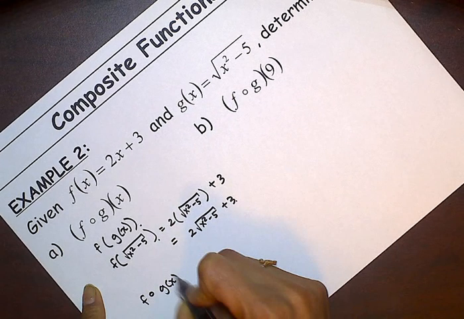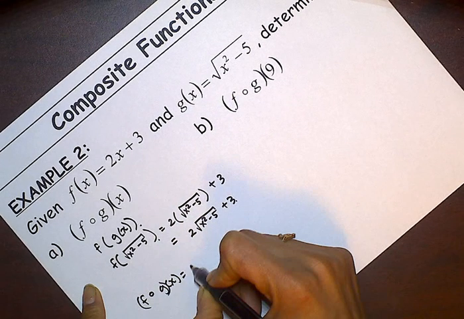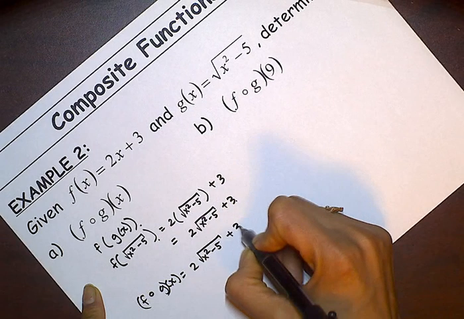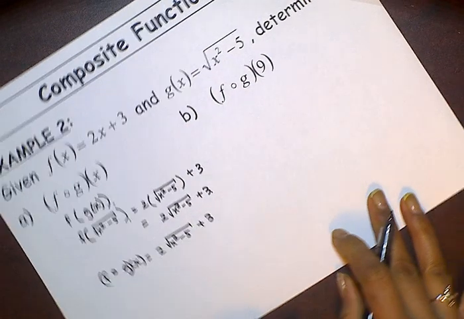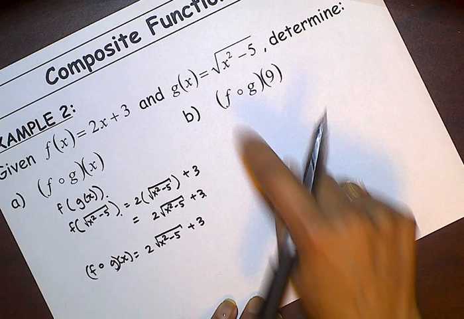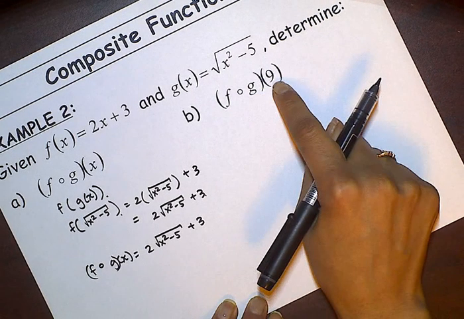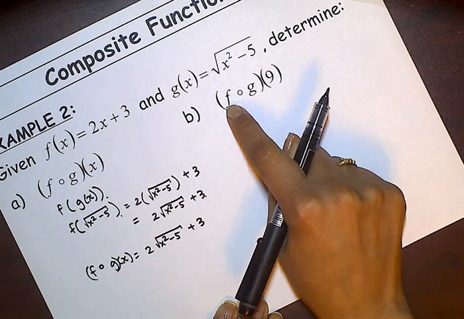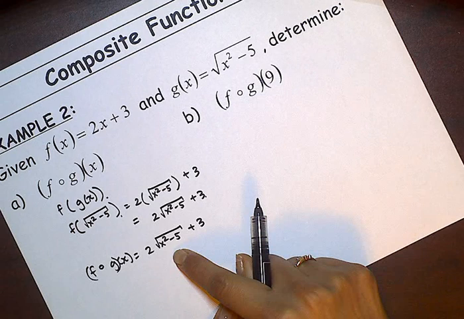And part B of that just basically says that I have to figure out f of g of 9. So I'm replacing that x with a 9. I have the function f of g of x, which is equal to 2 times the square root of x squared minus 5, plus 3.